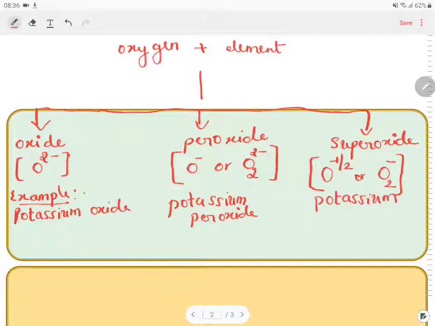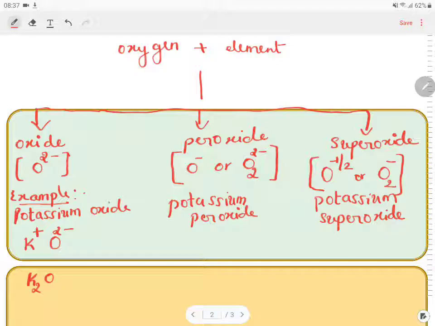I don't know the formulas, I need to derive them. Potassium always carries K plus. Oxide is, what did I tell you? It is O2 minus. Using the crisscross method, the formula will be K2O. K2O is the formula for potassium oxide.